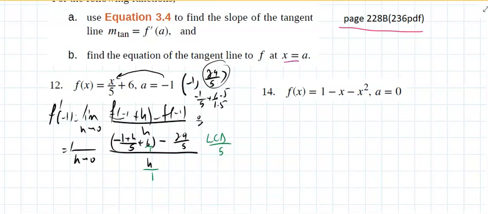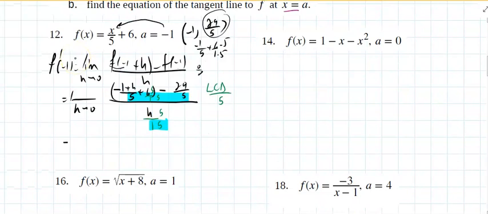You make sure that every term in the complex fraction has the same LCD, and therefore you can ignore the denominators. Multiply by 5 top and bottom, and this becomes a single fraction.